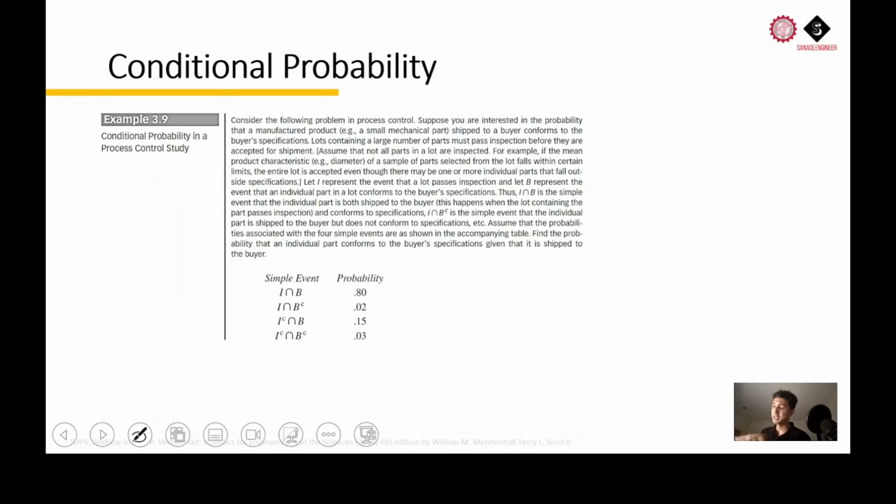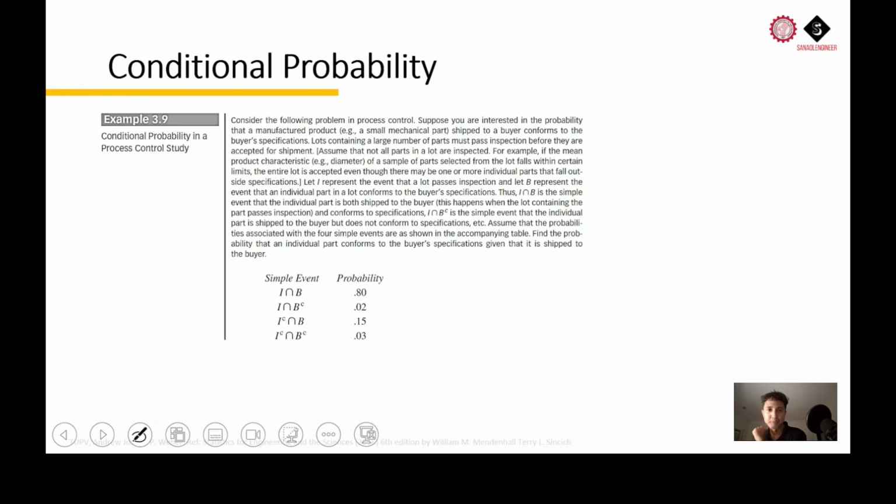So it is not simply a collection of event I and event B, because intersection and union is a logical operation. So it's not a collection or combination of events. It produces a unique and new simple event. That is why it's called a simple event, the intersection of I and B, for example.